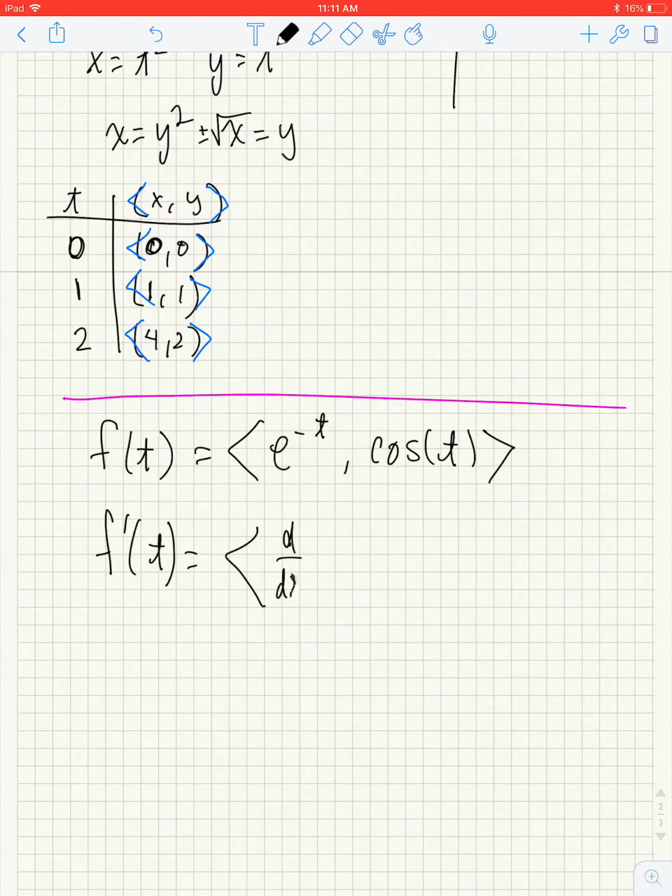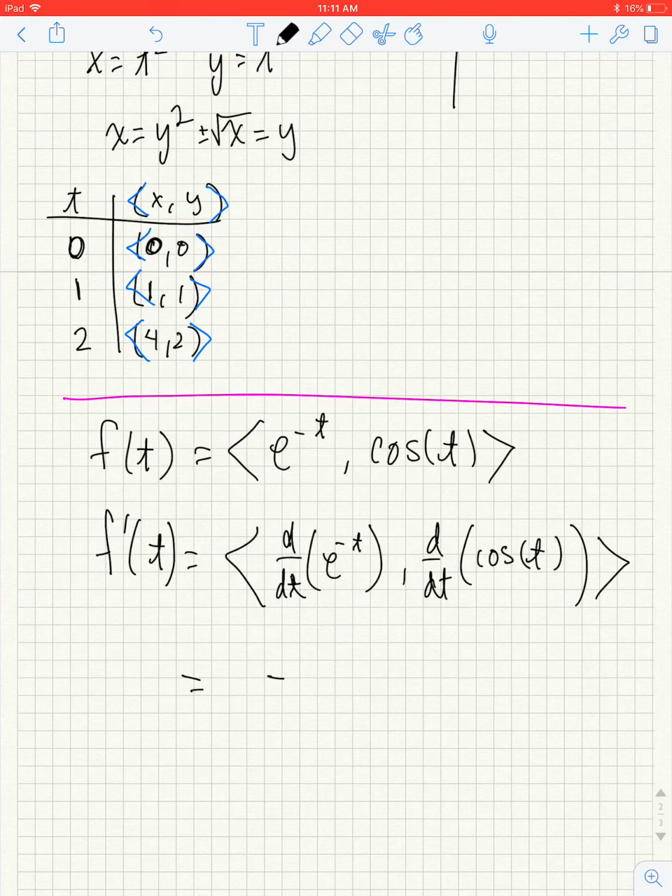You're just taking the derivative with respect to t of each component, your x component and your y component. So here we would have <negative e to the negative t, negative sine t>. And you're done, and that's your derivative.